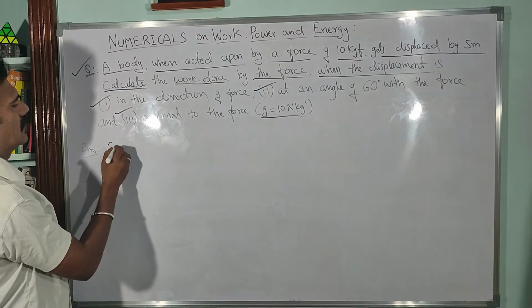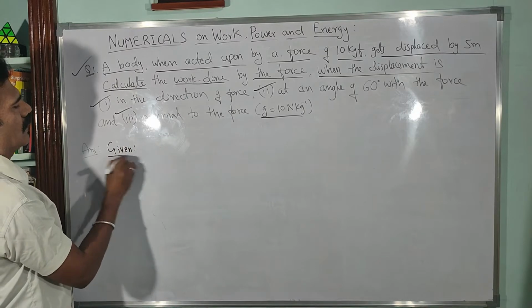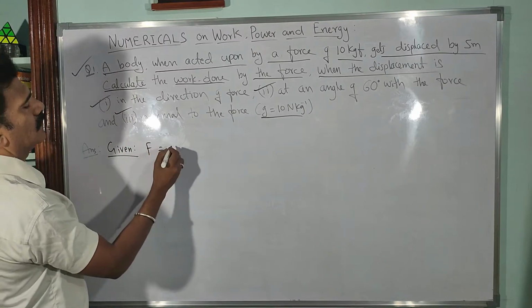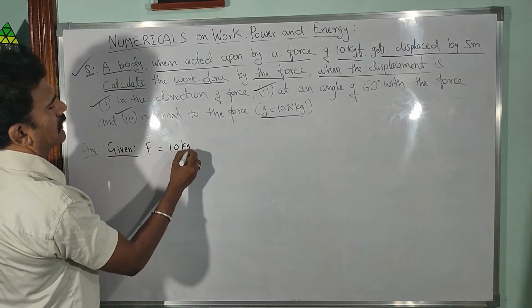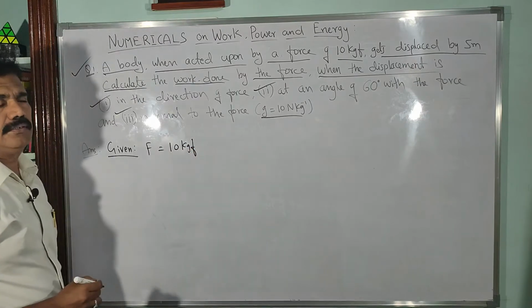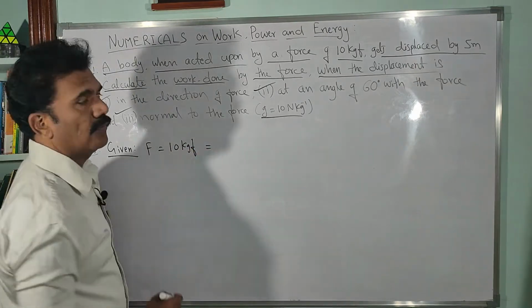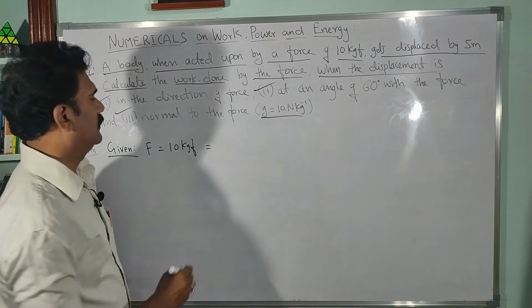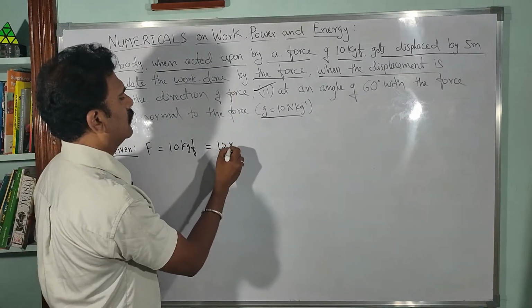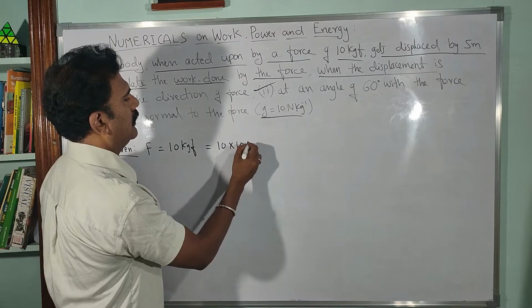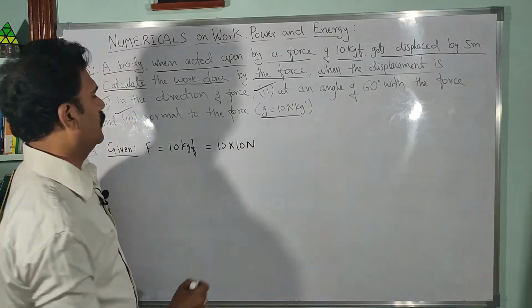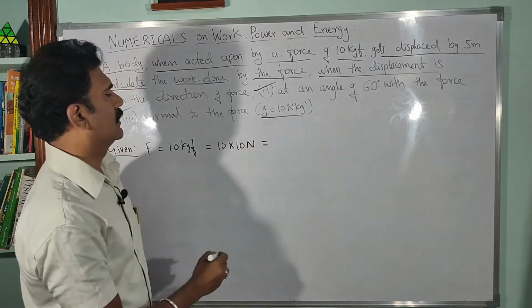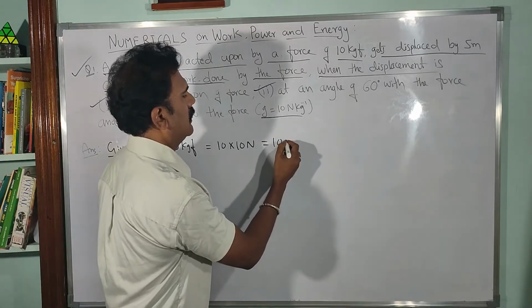So what is the given data here? F is equal to 10 kgf, right? As you know, 1 kgf is equal to 10 newtons, so 10 into 10 Newton. You have to convert the unit to Newton here. That is equal to 100 Newton.